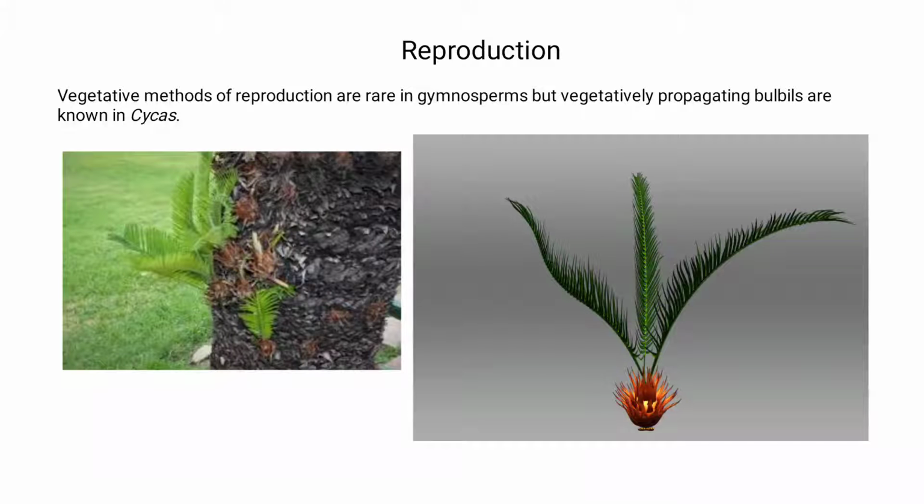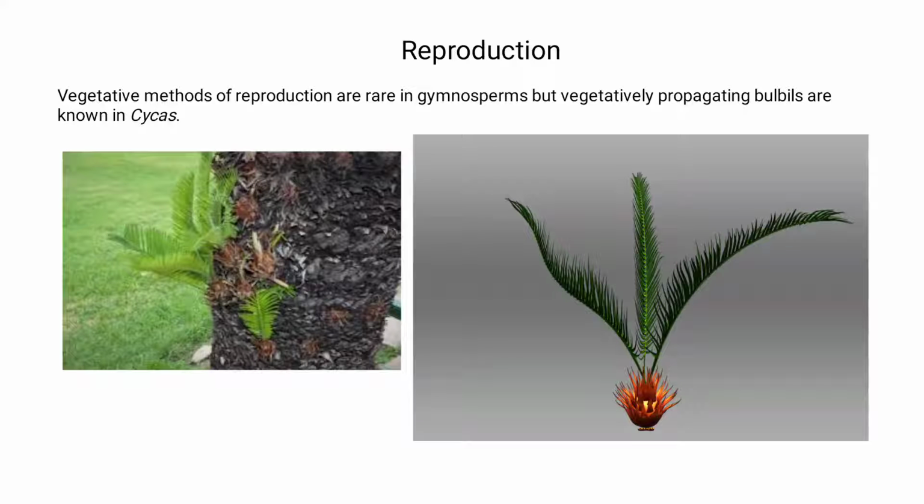Male and female gametes undergo fusion during the process of fertilization and give rise to a zygote, and that zygote will later give rise to a seed, and from that seed, when it germinates, you can get a new plant. So this is about the sexual reproduction, which involves fusion of male and female gametes. But in vegetative reproduction, the fusion of male and female gametes is not involved.